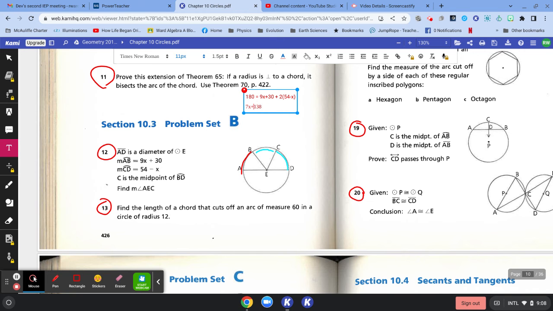And then I need to subtract that from 180. So 180 minus 138. I take the 138 away from this side since I've subtracted it from both sides, and that gives me 42. So 7x equals 42.